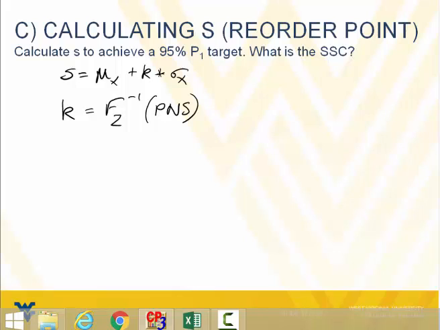Our target is 95%, so in probability terms you read it as 0.95. Along the left-hand side column you see 0.9, and then you go along that row to find the column for 0.05, because that will be the reading. So what do you get? 1.645.